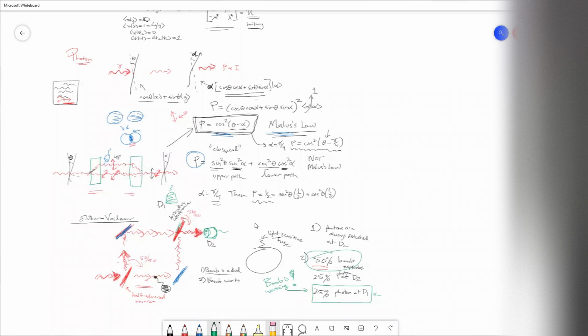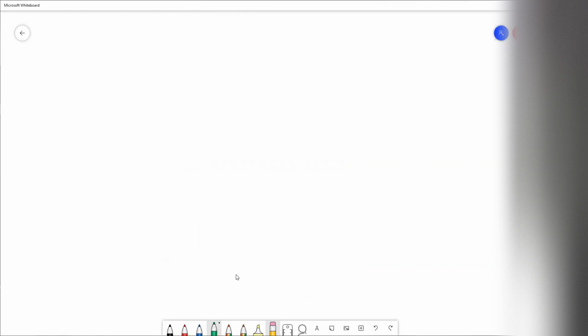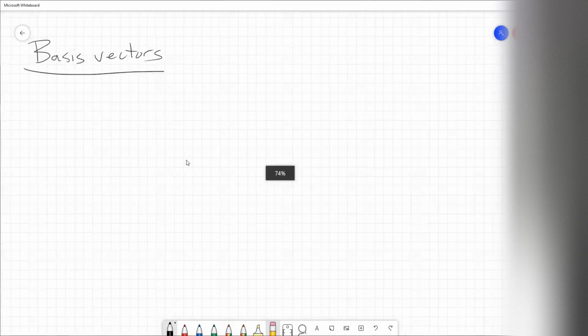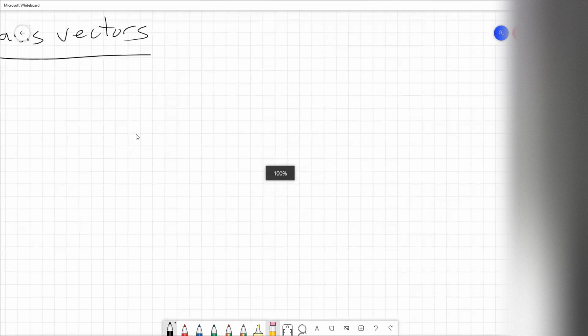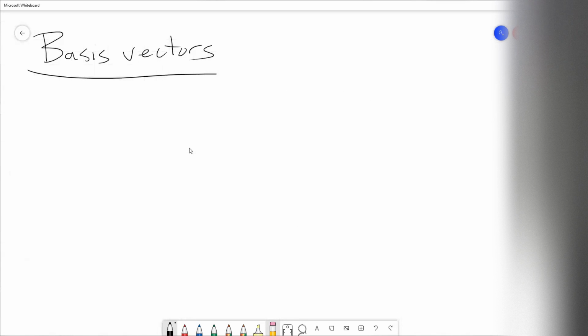There's something else I wanted to say about this. I'm going to clear this. Just a little bit more about basis vectors for polarization. We, of course, have the X and Y basis, which we started with.